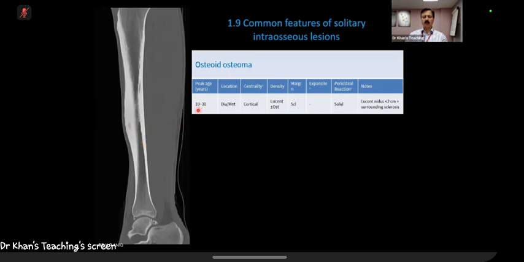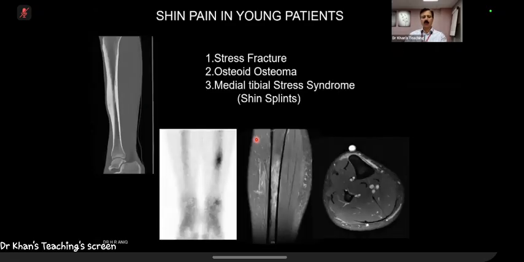And osteoid osteoma, peak age is 10 to 30 years, and lucent nidus, which is less than 2 centimeter. If it is more than 2 centimeter, then it goes to osteoblastoma. In the differential diagnosis of tibia, there is another thing which can be added, but this thing is not for your FRCR exam.